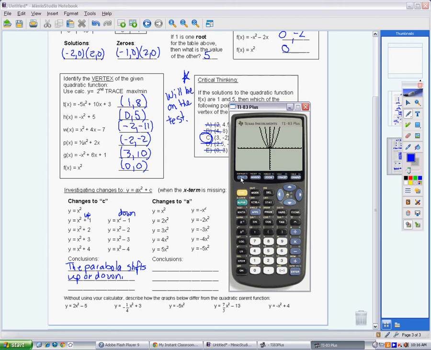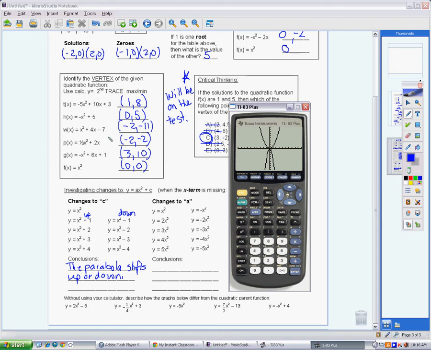So as we increase A, the parabola becomes more narrow. Well, what happens when I change to a negative? So now I have negative 5x squared. It's still narrow, but this time it flips over the x-axis.